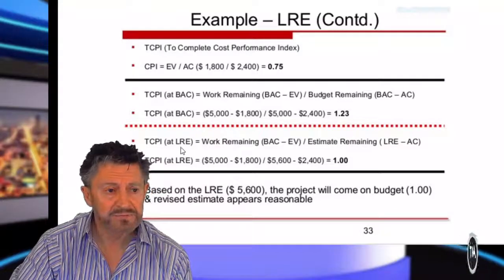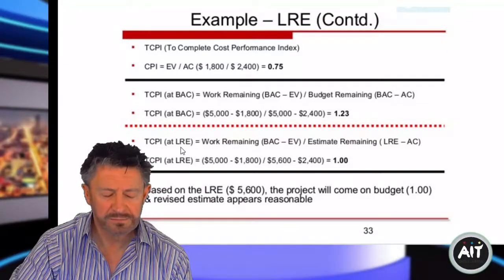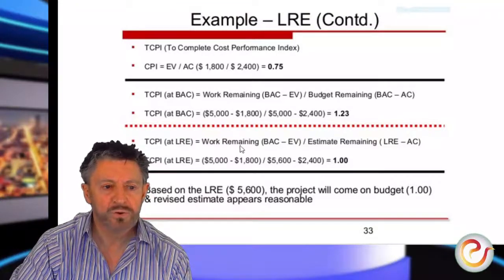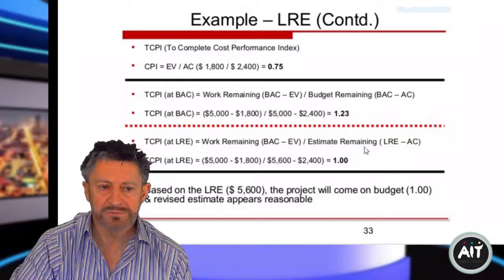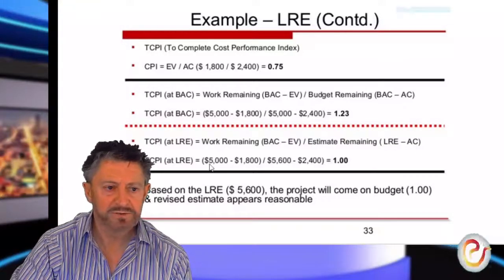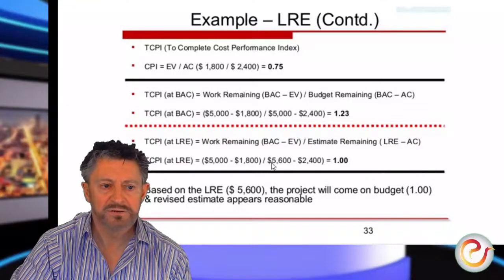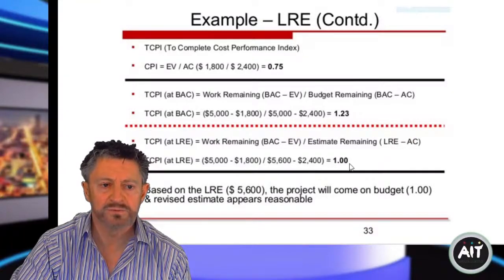So if you look at the remaining estimates, what's the least remaining estimate? So the work remaining divided by the estimate remaining. So we've 5,000 minus 1,800 by that equals 1.